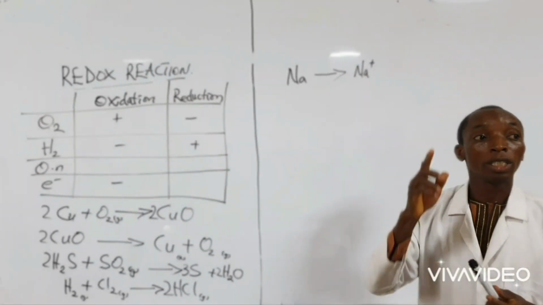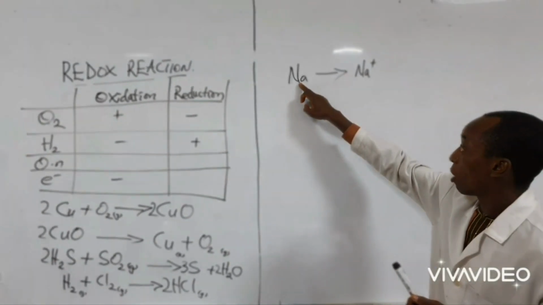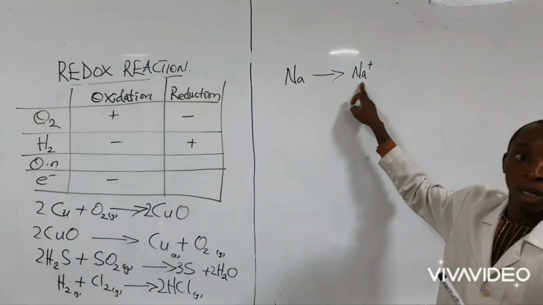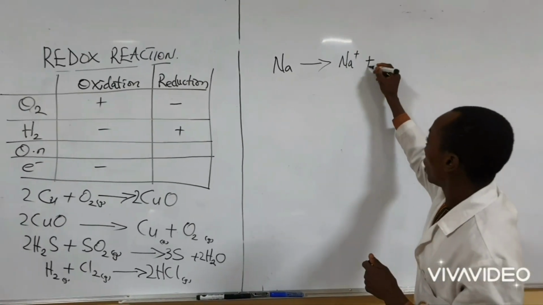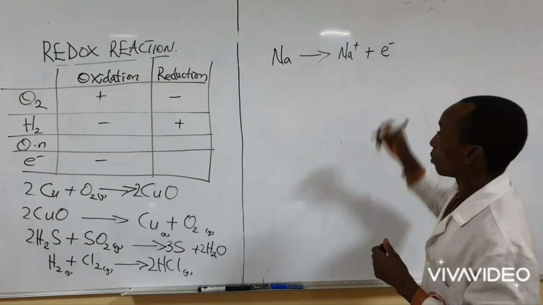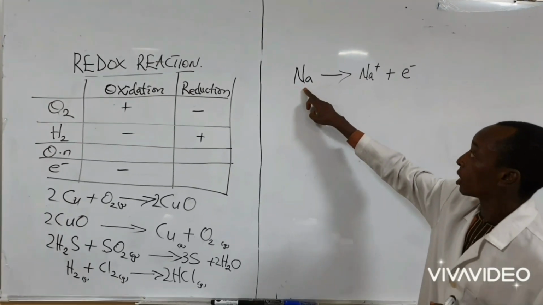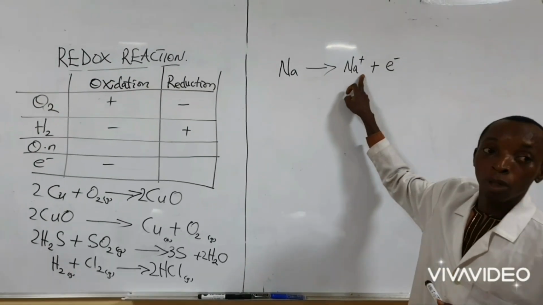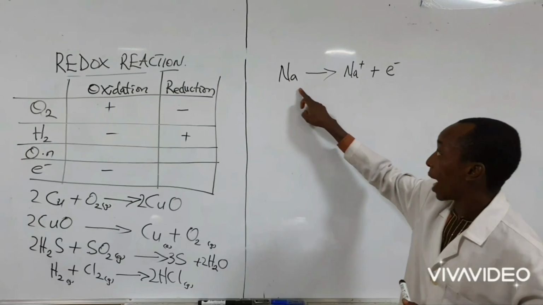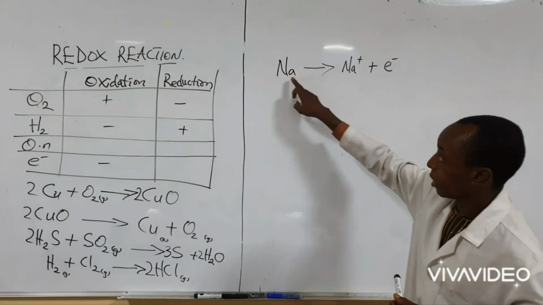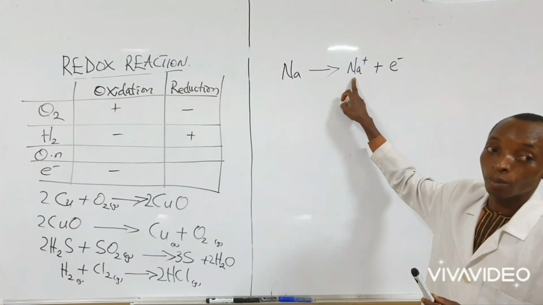Sodium has only 1 valence electron in the atomic shell, and that is why it's in group 1. Losing that 1 electron will make it become a sodium ion. In balancing that equation, that means plus electron. So, sodium atom or sodium metal is oxidized to sodium ion, that is, it lost an electron to become sodium ion.